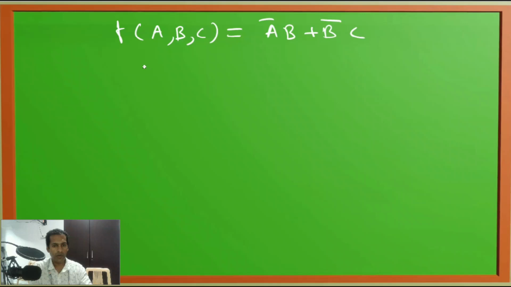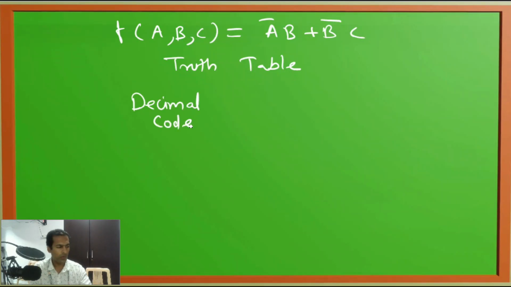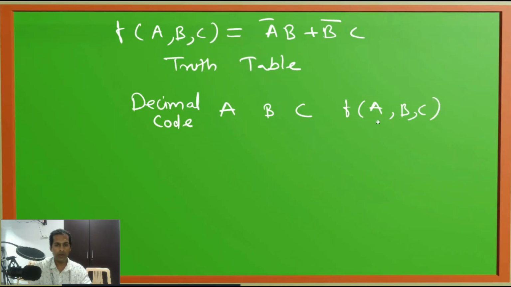So truth table for this we can write as, first we can list the decimal code. Then we have three variables, a, b and c, and their function of a comma b comma c.